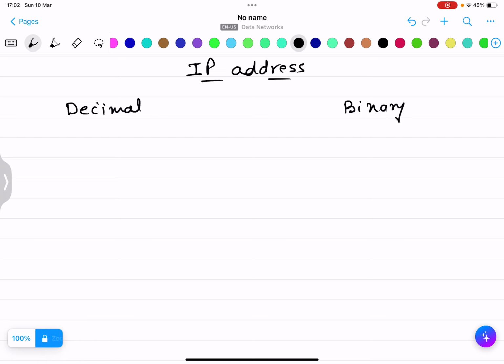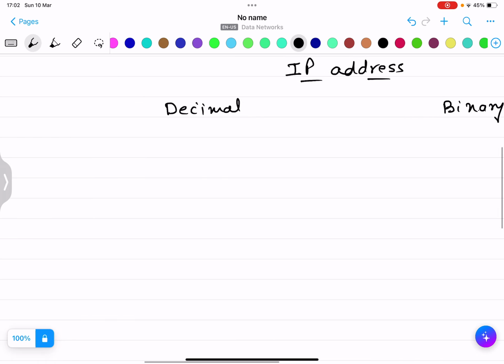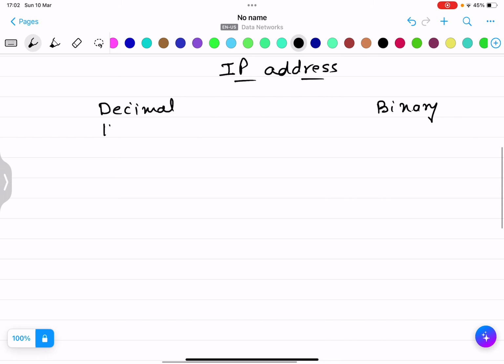Okay. So let's say we have a number like 1760. This is my 0th position or the ones position, this is my 10th position, this is my 100th position, and this is my 1000th position.